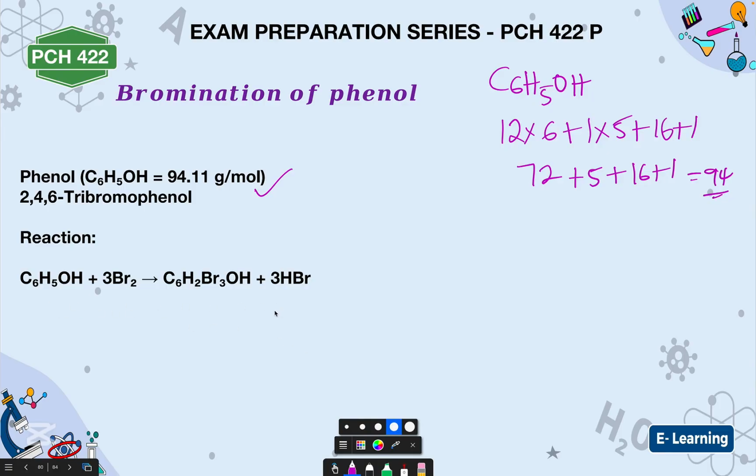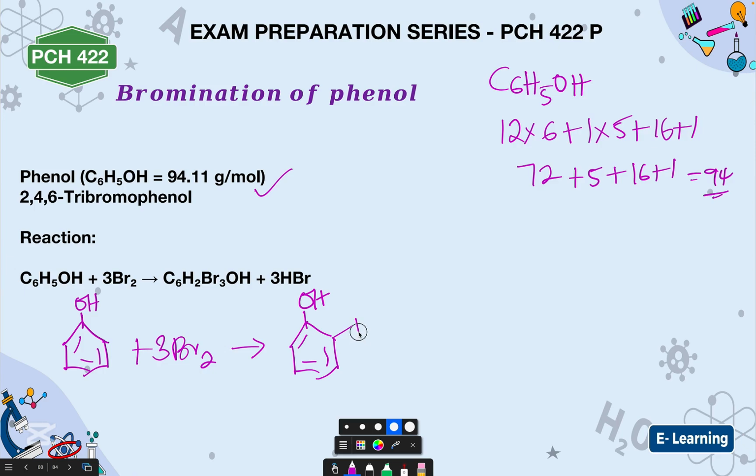This is the equation of reaction. Of course, phenol will react with 3 molecules of bromine to give us bromophenol, not bromomethane.